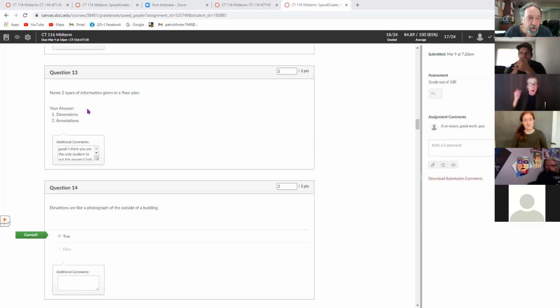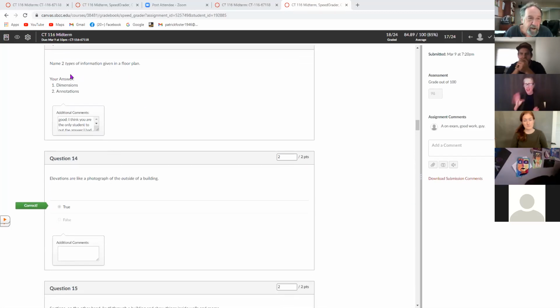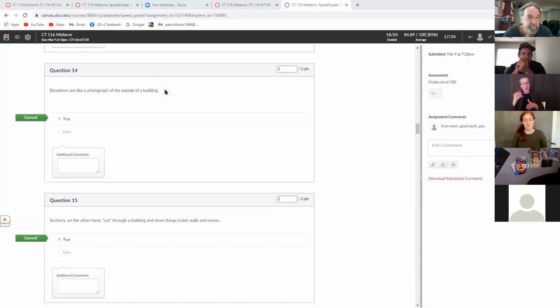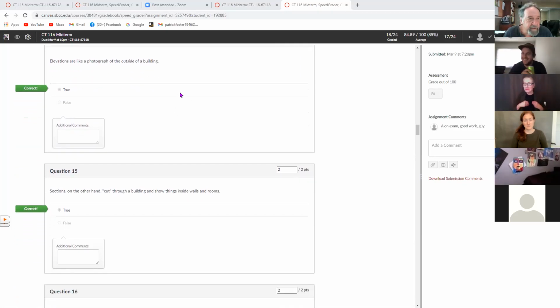If you said it shows doors and windows or doors and walls, you got credit. So I was looking for that scheme we were talking about, but if you're giving an answer that answers that question and it's not what I'm looking for, I give you credit for it because your mind's not on the same page as mine, which is really fortunate for you. Let's make that clear.